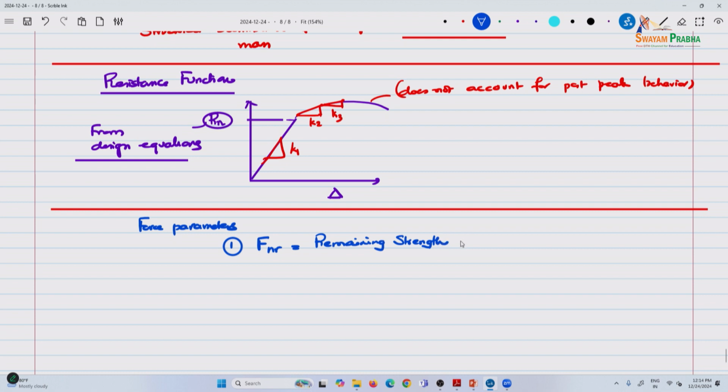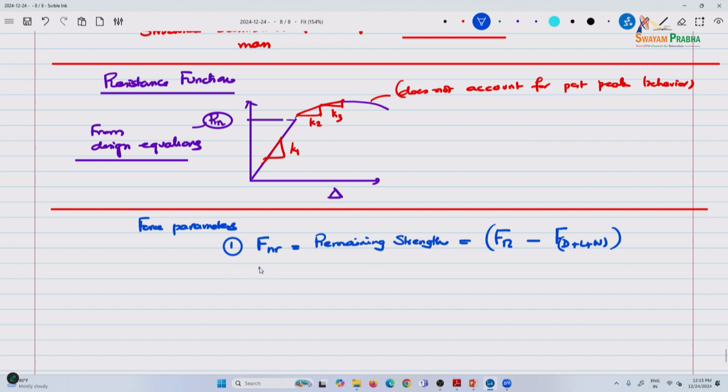The remaining strength is the total strength that you have minus the strength that is required to carry your dead loads, live loads, and the wind loads. That's what is available for blast resistance.